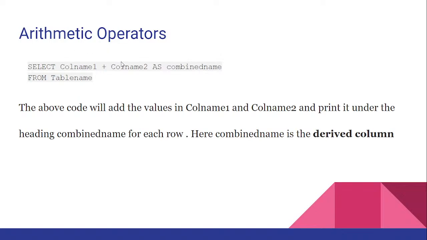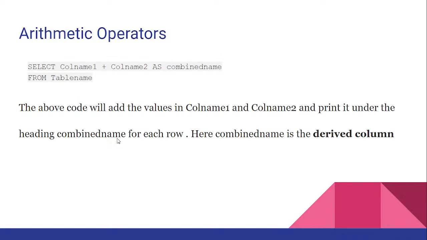Like in this query here, I wanted the addition of two columns. So I said column name 1 plus column name 2, and whatever they yield, the resultant of their addition, which is the sum, would be produced as output under the column name combined name. So it adds the values of column 1 and column 2 and prints them under the heading combined name for each of the rows.